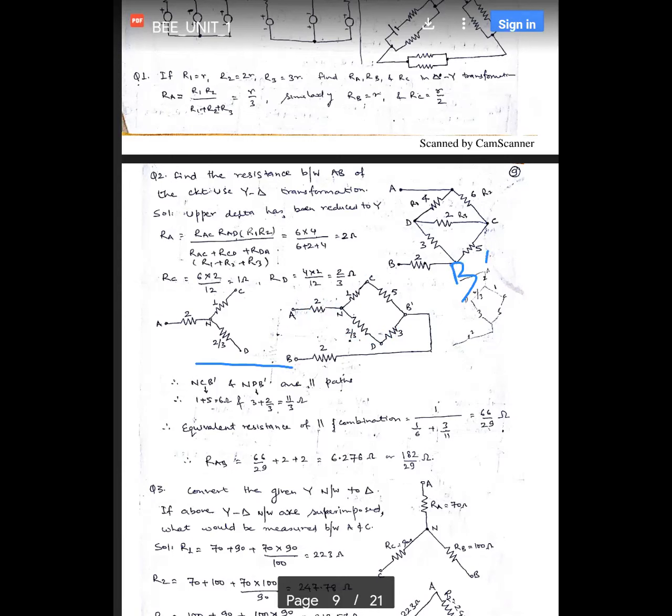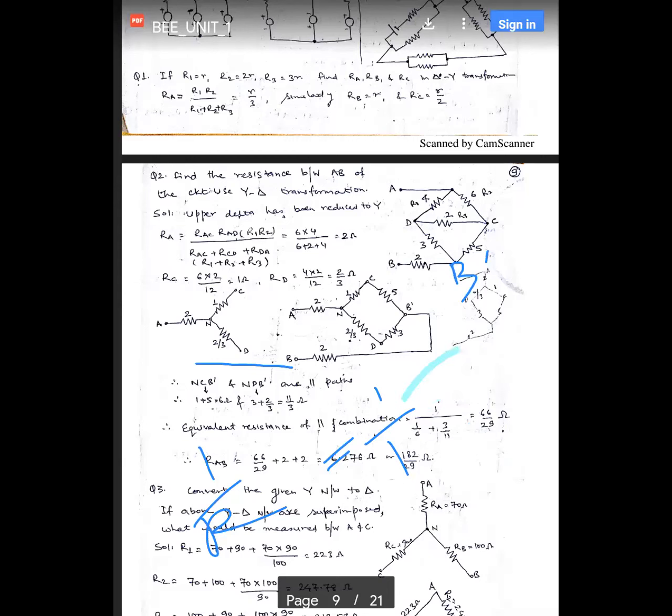So NCB dash and NDB dash are in parallel. So we know how to calculate the parallel circuits and the resistance. This 1 ohm and 5 ohm is 1 by 1 and 1 by 5, and we can calculate the equivalent resistance. Okay, I will not do this again and again.